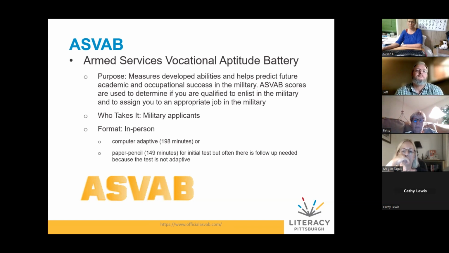It's either computer adaptive, which is that you answer a question and then it adjusts based on your answer. Or you can take it paper and pencil, which is a little bit of a shorter test. However, there's definitely going to be a follow-up because it's not adaptive. So they need more information once you finish that test.